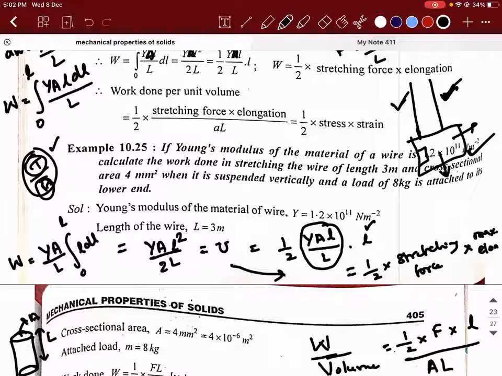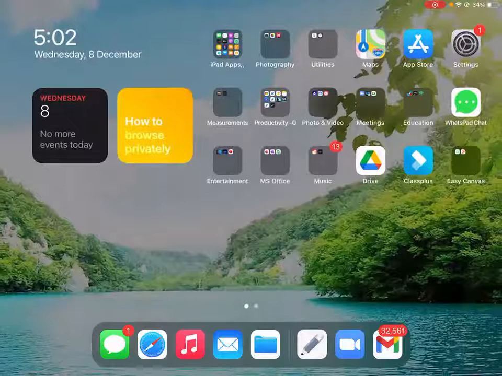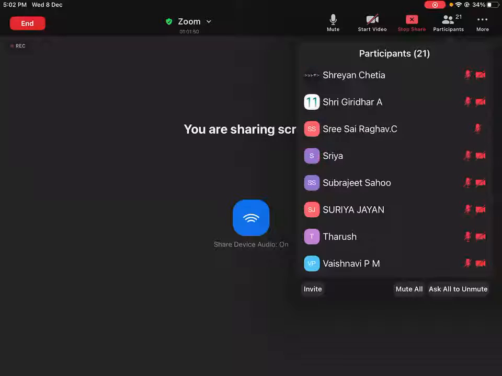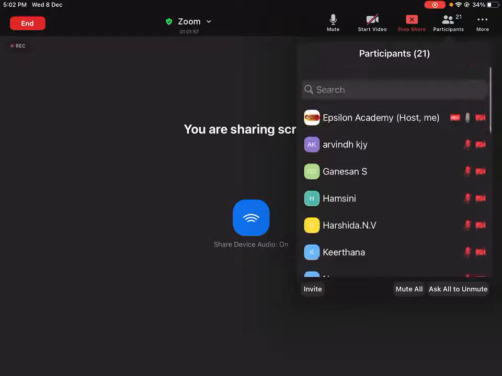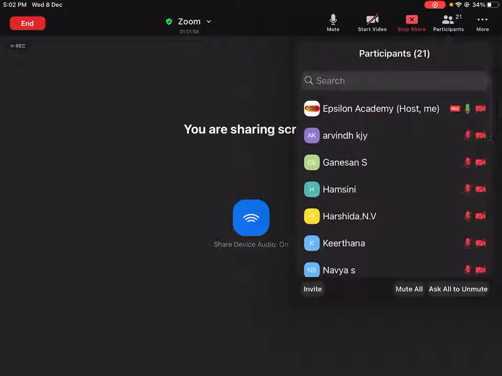Sir, where is the Google form shared? It is there in the physics group and math group as well. If we can fill it once. Okay, you can fill it once. Then where is it, sir? It's not there, I think.